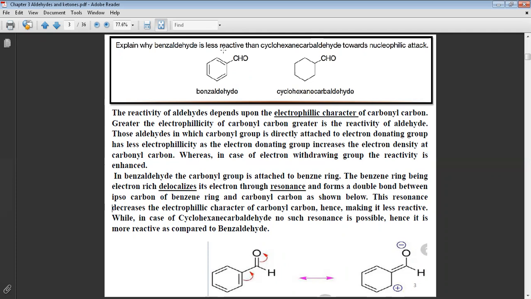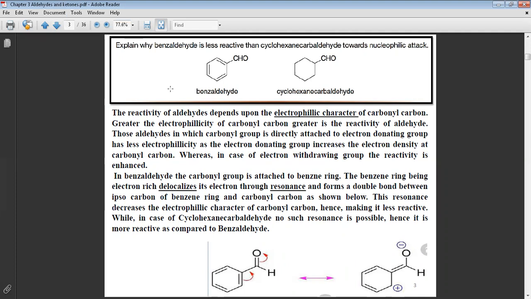Because we said before that benzaldehyde has a resonance effect. The resonance effect makes the electrophilic characteristic of the carbonyl less than in the other compound. You can write the resonance, and it is clear that here we have a partial positive, but here we don't have any positive charge. For this reason, it will be less reactive.